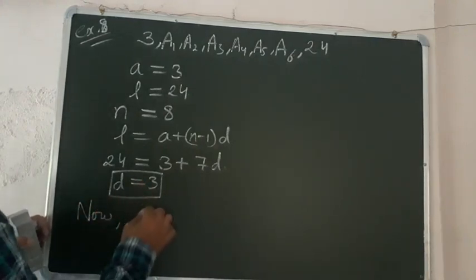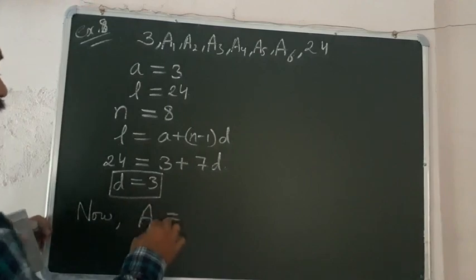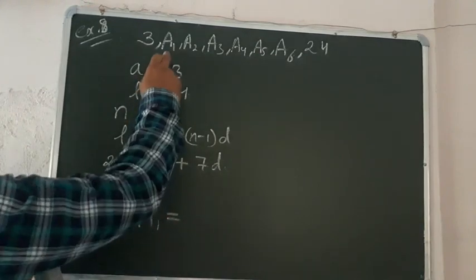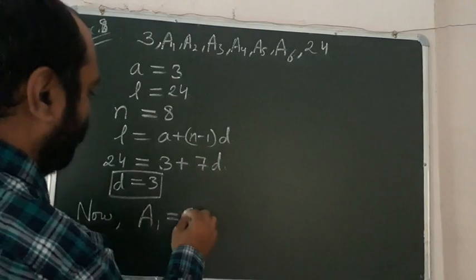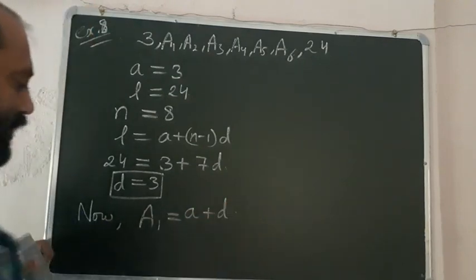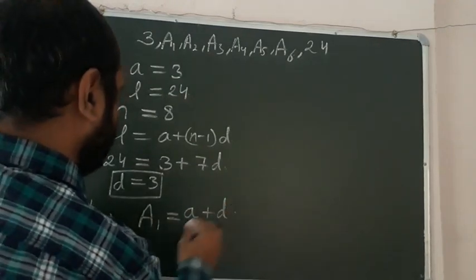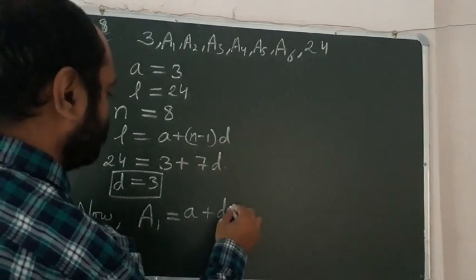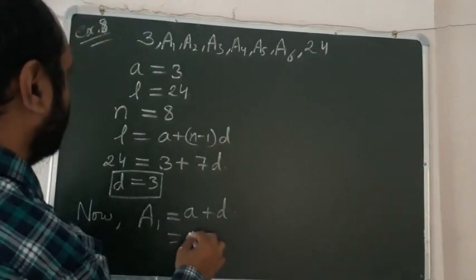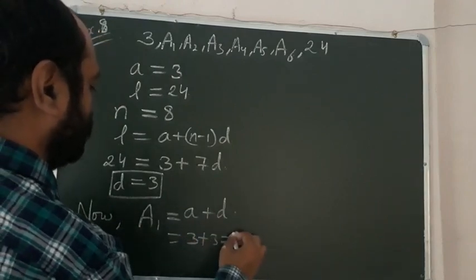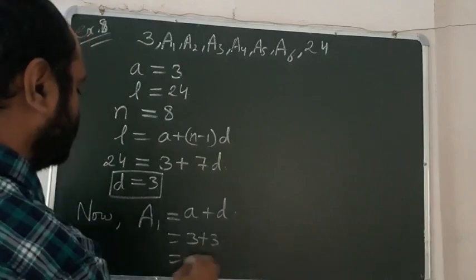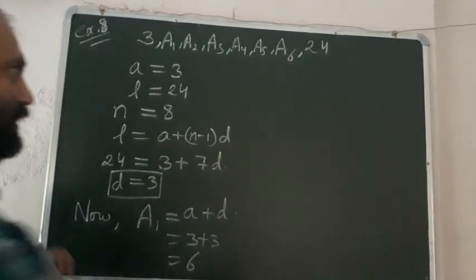Now you can find every arithmetic mean. First we find a1. You know the formula of a1 is a plus d, it means its answer will be 3 plus 3, that is equal to 6. 6 is the first arithmetic mean.